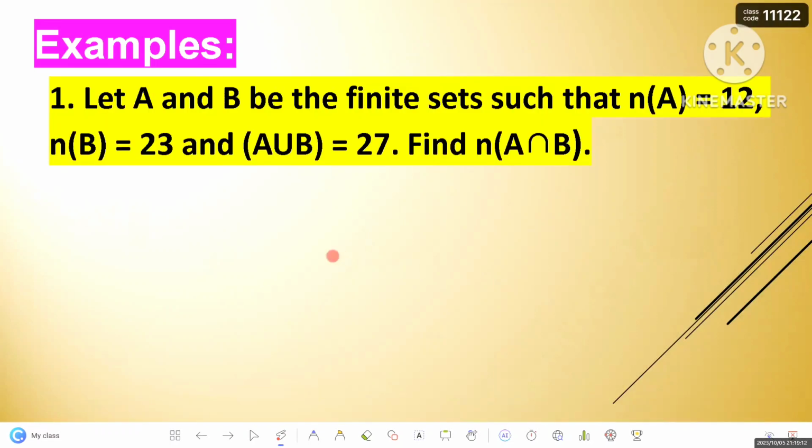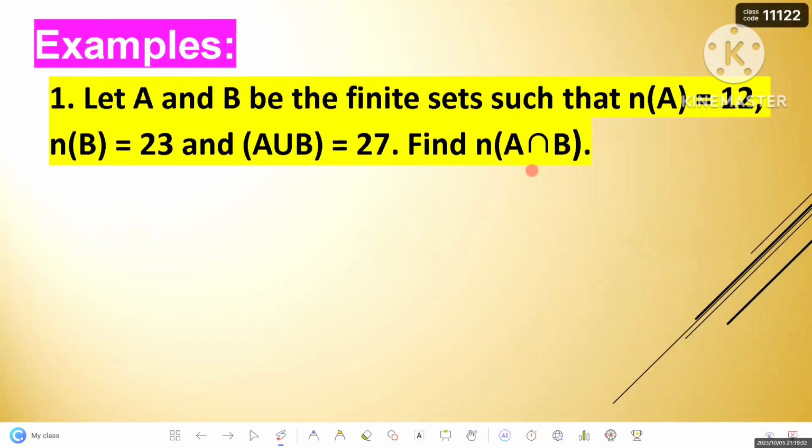Examples. Number 1. Let A and B be finite sets such that cardinality A is equal to 12, cardinality B is equal to 23, and cardinality A union B is equal to 27.